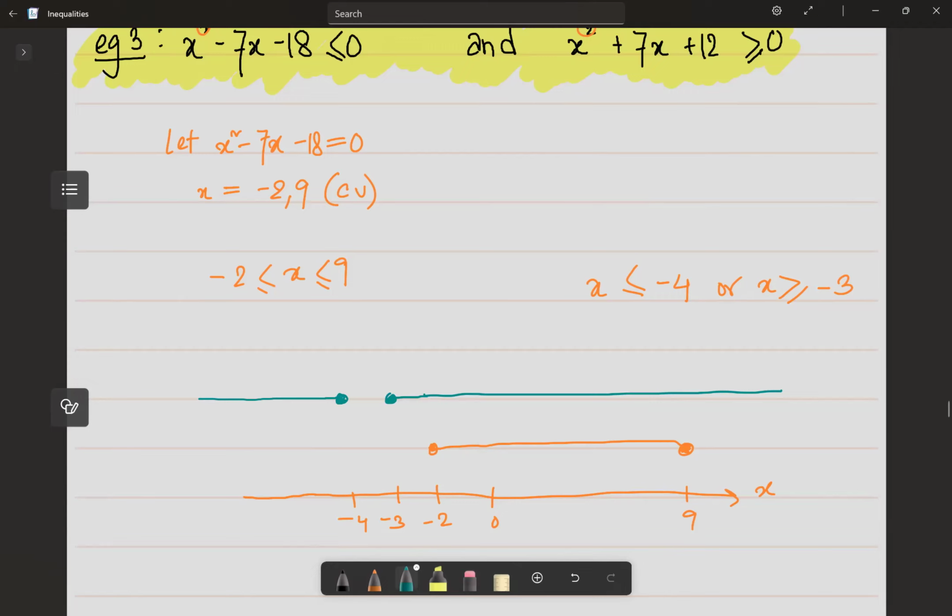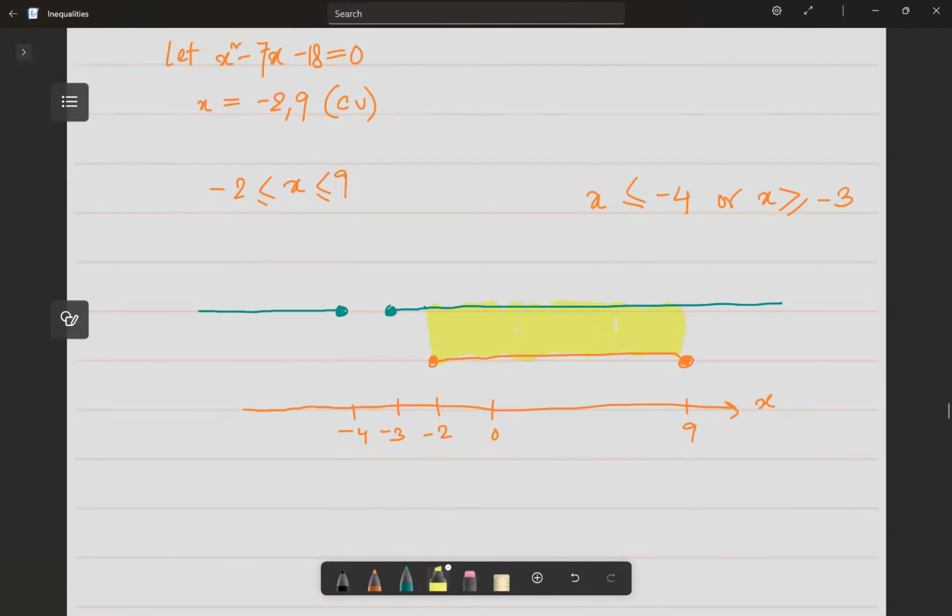Now if we want to see our common region, we see that it lies in between these two lines. So our common region is in between these two points, -2 and 9. The value of x is in between -2 and 9.